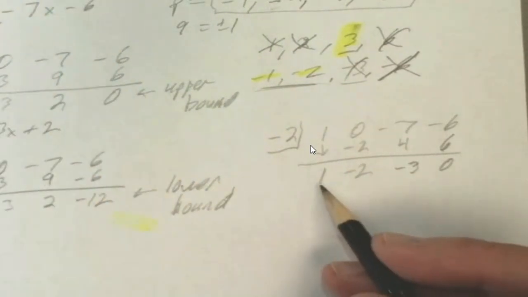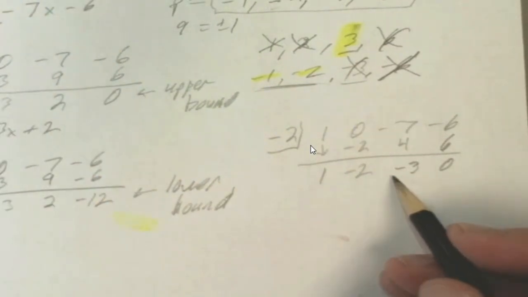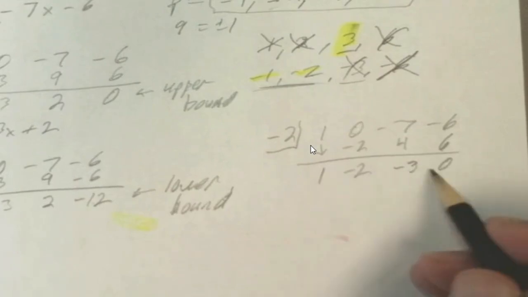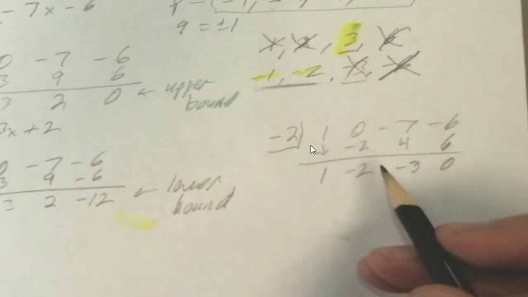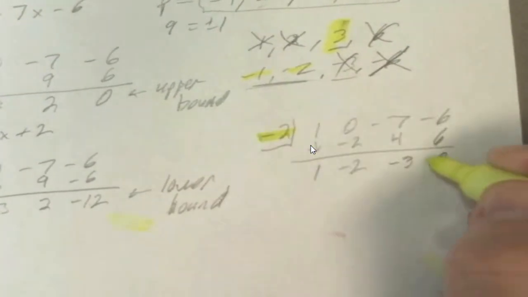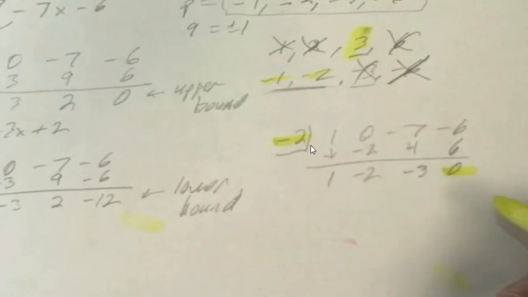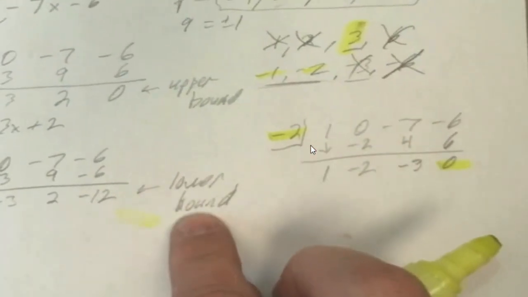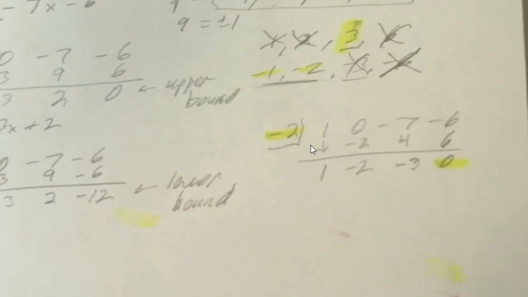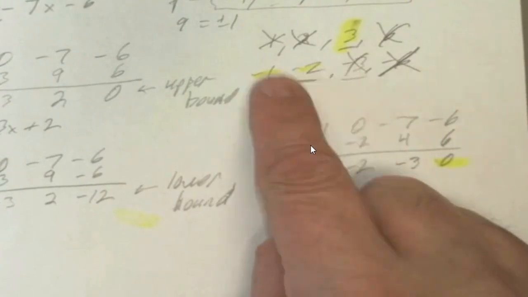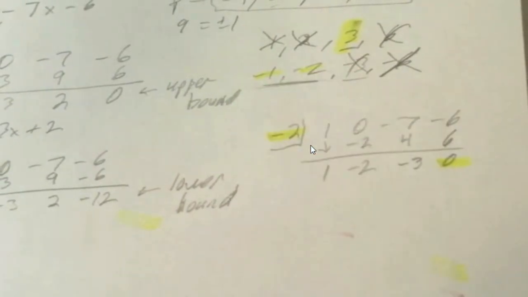Okay, this one has positive, negative, negative, and 0. This could be counted as a positive or negative. This is not a lower bound, but it is a 0. Since the remainder is 0, that tells us that that is a 0. But this was the lower, that means nothing can be lower than that. But this actually gave us the answer. And since that's a 0, that means that has to be 0 because there's only 3 and it can't be imaginary. It cannot be imaginary.